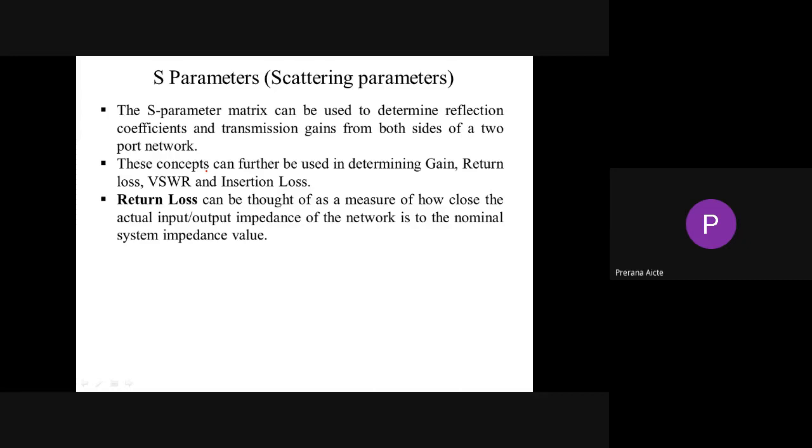So how much of the power will be returned? So how close are the input and output impedances to the nominal system impedance values?